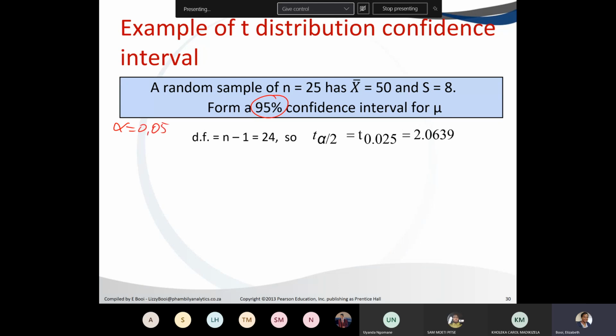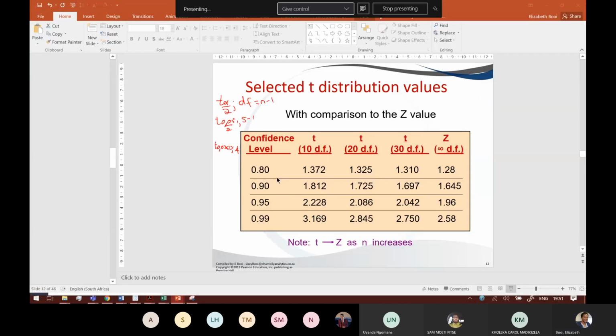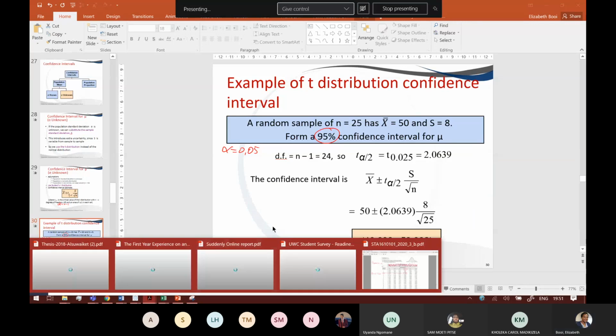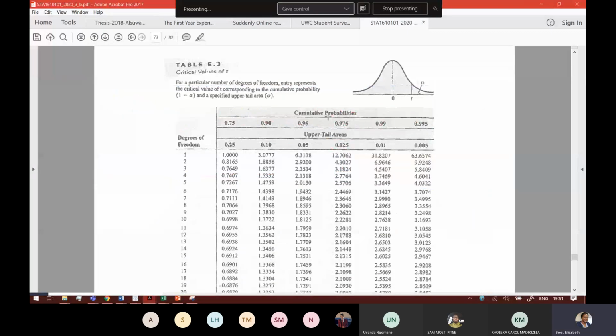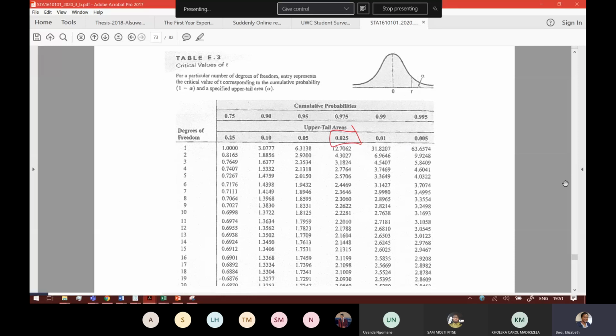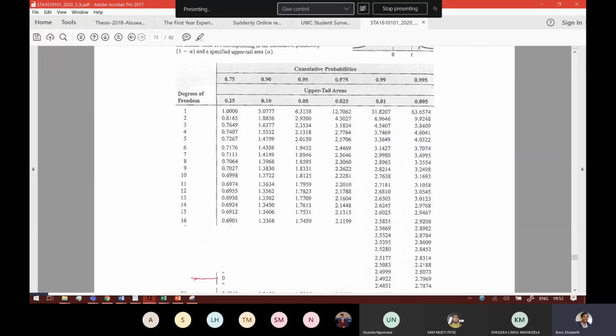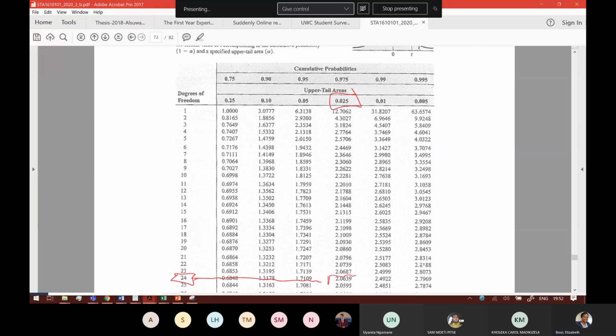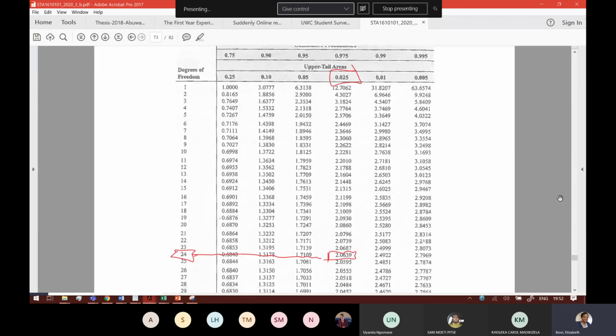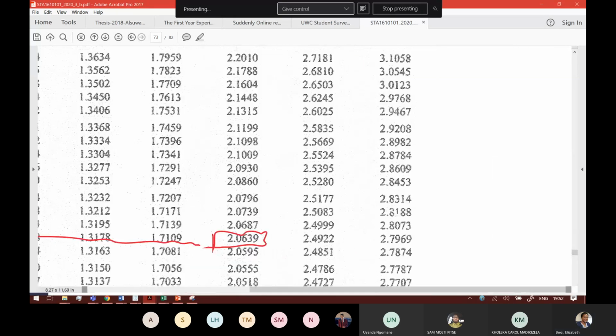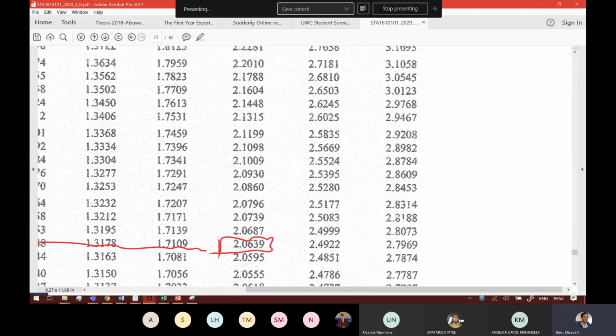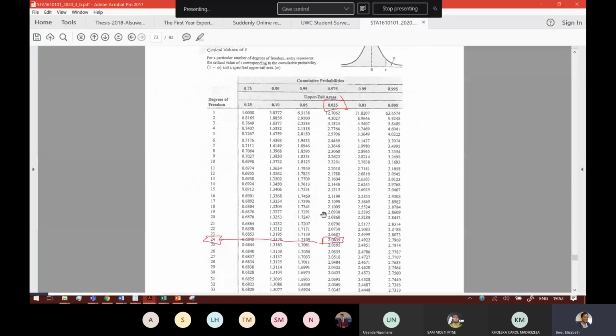Alpha 0.05 divided by 2 gives us 0.025. If we go to the T table, we look for 0.025 and the degrees of freedom of 24, and where they meet, that will be our critical value of 2.0639. And that is the critical value we're going to be using.